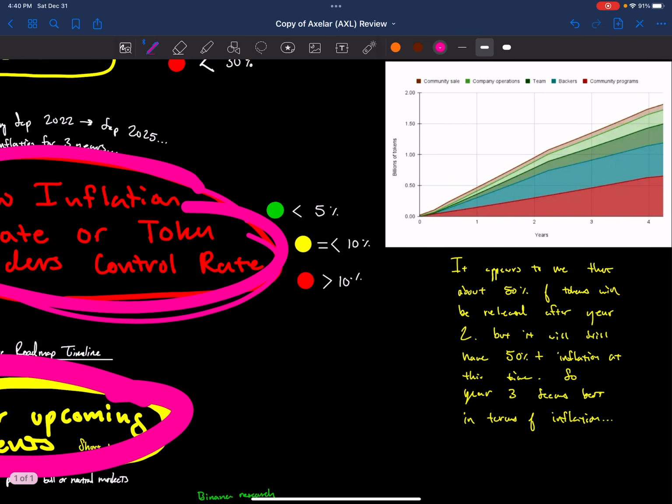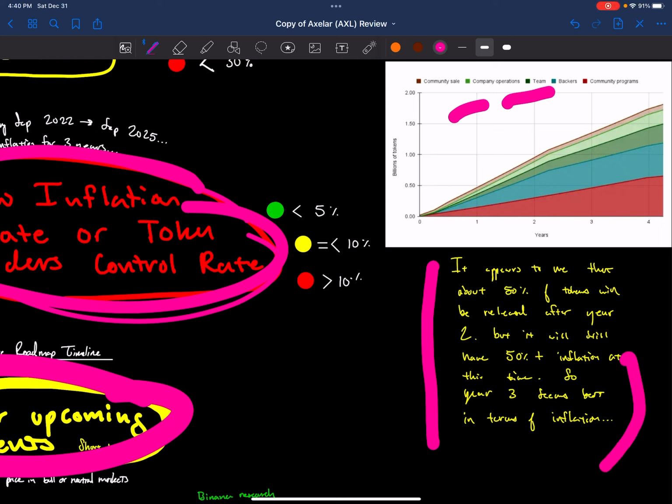So it appears that about 50% of tokens will be released after year 2. You can see the release schedule here, and this project's been trading for a couple of months. But it'll have 50 plus percent inflation at that time. From this perspective, it seems that around year 3 is when we can expect about 25% inflation from that point forward.